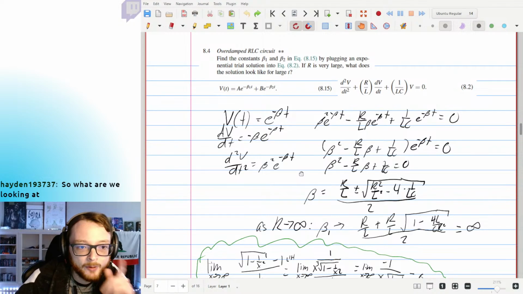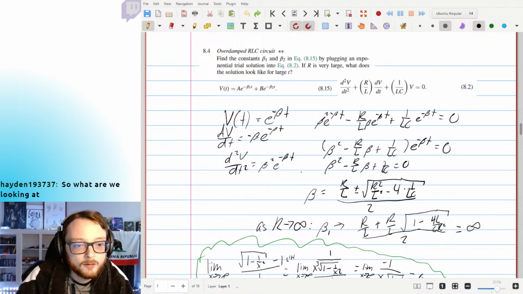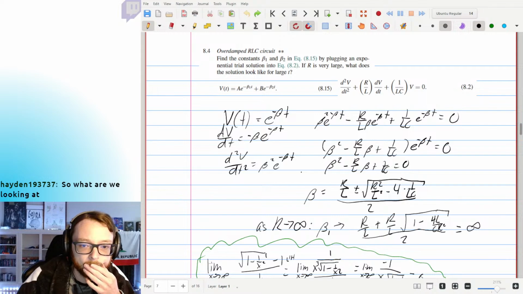But this problem builds into the problem I actually want to do, and so you basically take a trial solution. Well, this differential equation dictates the voltage in the RLC circuit at any time.